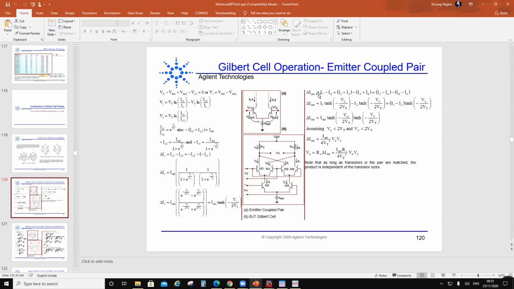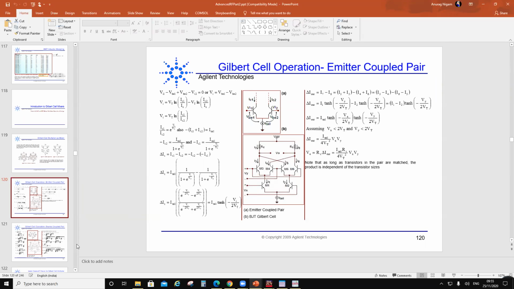So if I do this, the total differential output current I out is I7 minus I8, which can be expressed as a sum, because I7 is I3 plus I5, and I8 is I4 plus I6. I have rearranged the terms. And then for this translinear cell, that difference of current equation I place in there, and after that I simplify it.